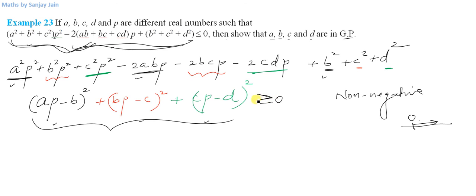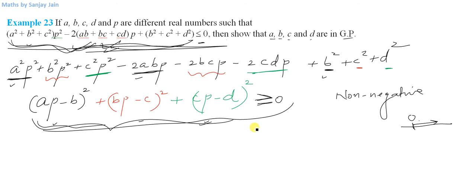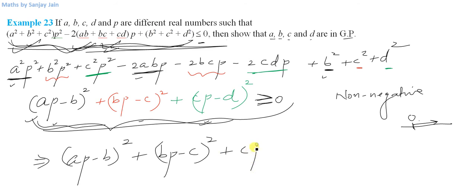Hence this expression is always greater than or equal to 0, but it is given in the question that it is less than or equal to 0. Both of these statements can be true simultaneously only if the equality holds. That means for these two statements to be true simultaneously, it has to be equal to 0.